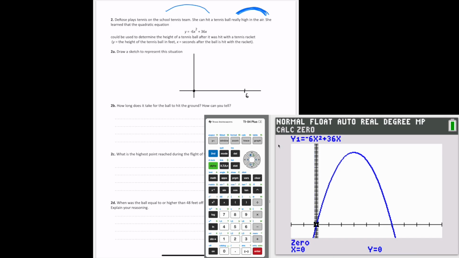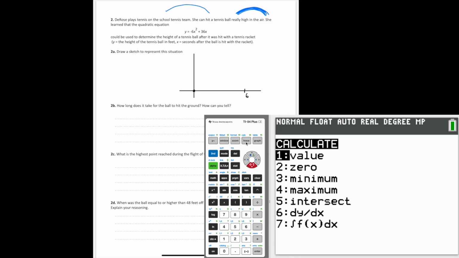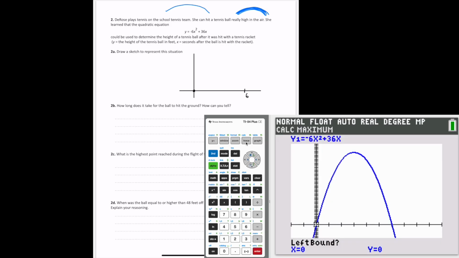Then we should probably find the maximum point here. So second function trace, and it's a maximum on this curve. Again, it's asking at the bottom, you can see here, left bound, so we want something to the left of it, and then something to the right of it. Then if we hit enter, we find that middle value.